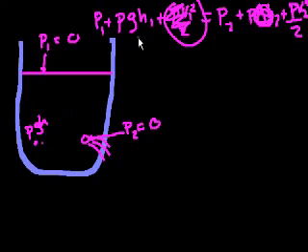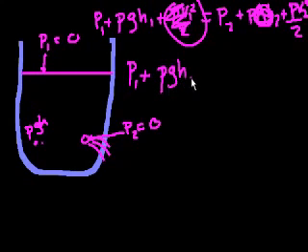And so it's simplified down to the input pressure, the pressure at the top of the pipe or at the left side of the pipe, plus rho GH1.